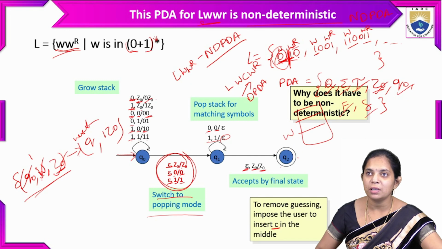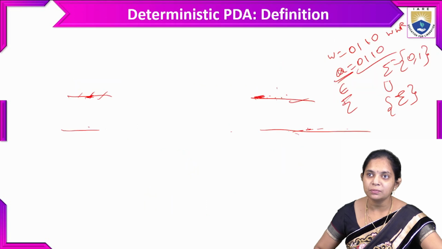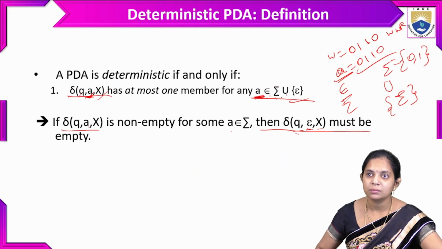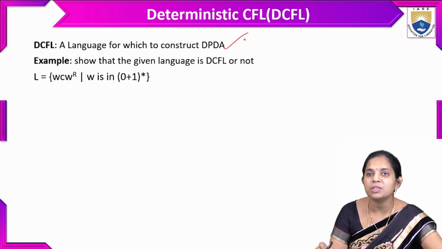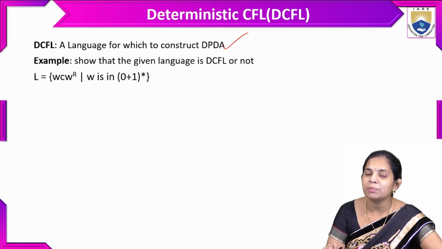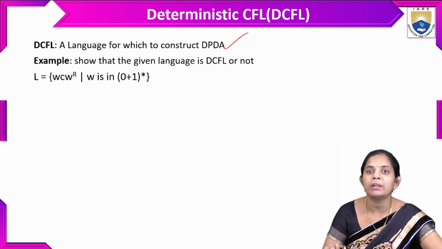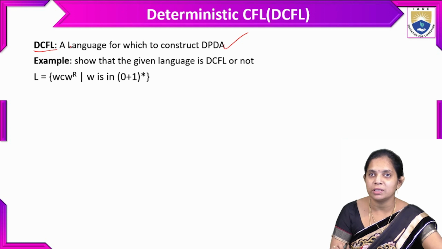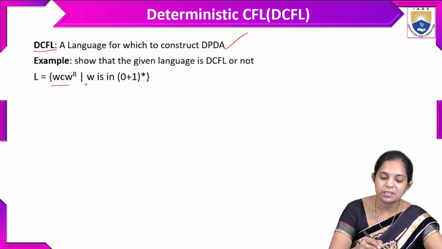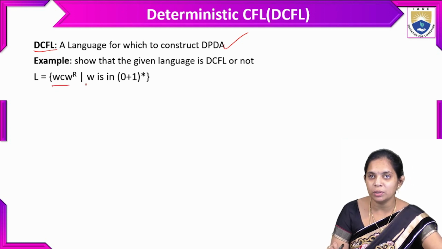Whatever languages we use for constructing the deterministic pushdown automata are named deterministic context-free languages. Here we already discussed WC, W reverse.